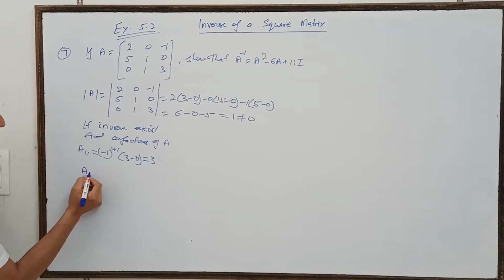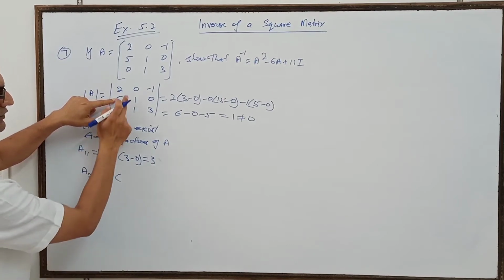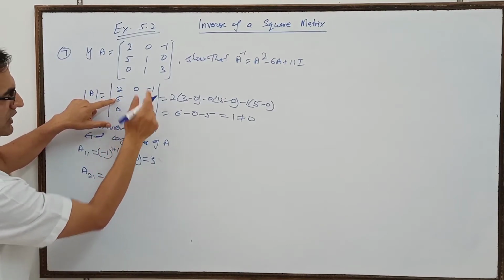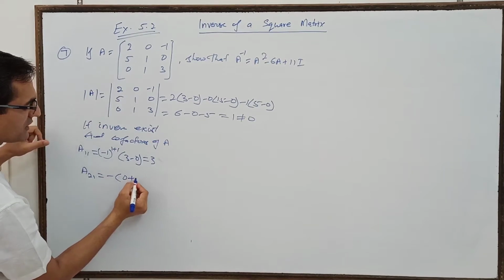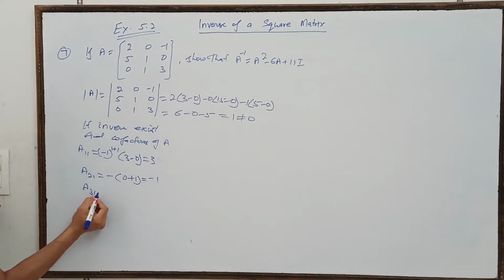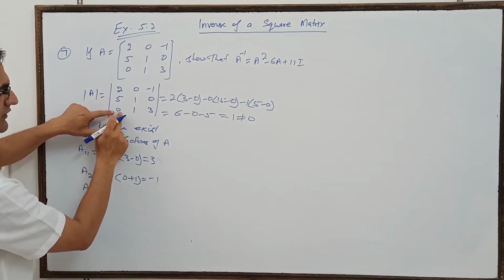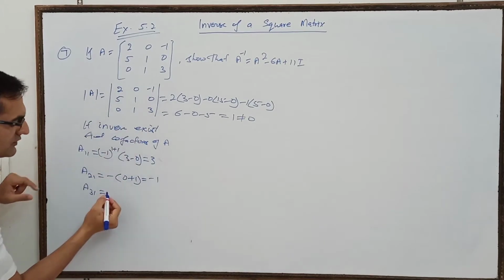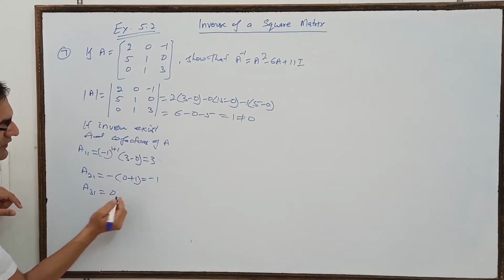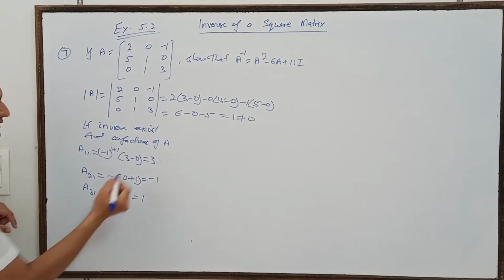Now next A21, sign will be negative. So the cofactor of this element, sign will be negative: 0 minus 1, 0 minus 1 means plus 1, with the minus sign it is minus 1. A31 will be equal to the cofactor of this one: 0 minus 1, that is plus 1. This is 1.